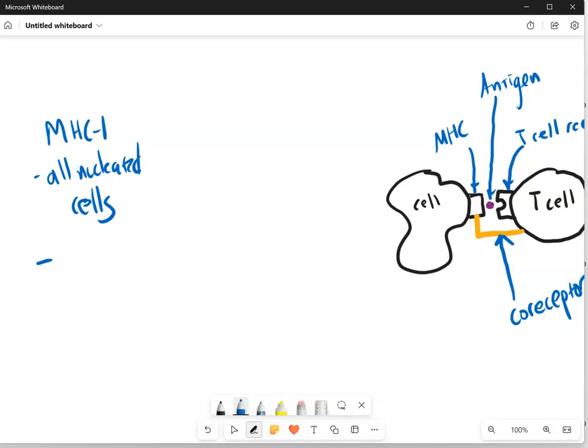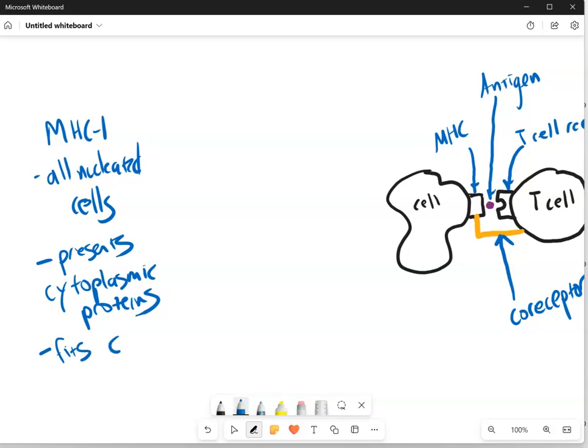And MHC1 presents cytoplasmic proteins. All right, so MHC1 is for presenting cytoplasmic proteins, and it fits co-receptor CD8. So MHC1.